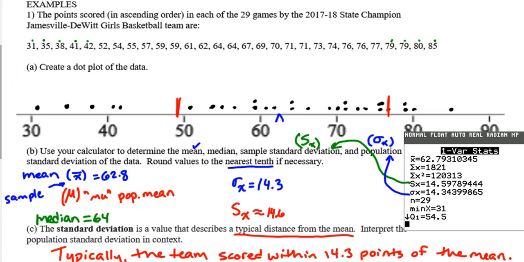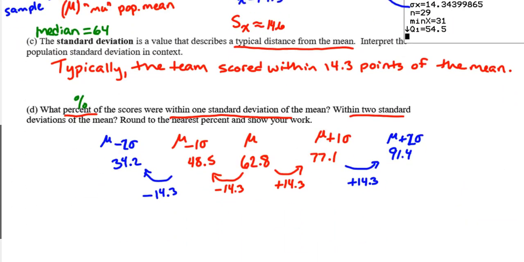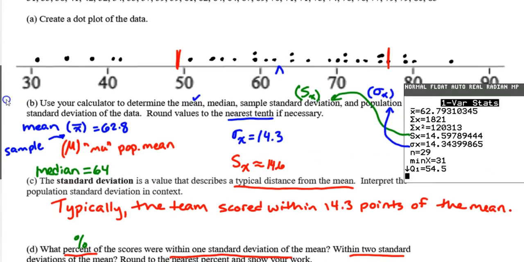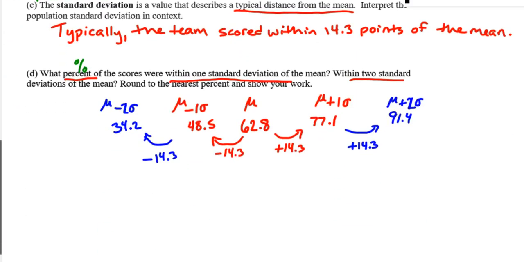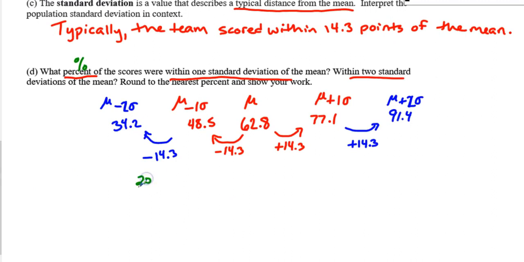Okay, so 9 of these scores are beyond. That means 20 of the scores are within this range, right? 20 of the scores are between my red bars. I guess I just could have counted my dots, right? It would have worked as well. So 20 out of 29. If you do that math, it works out to be approximately 69% are within 1 standard deviation of the mean.